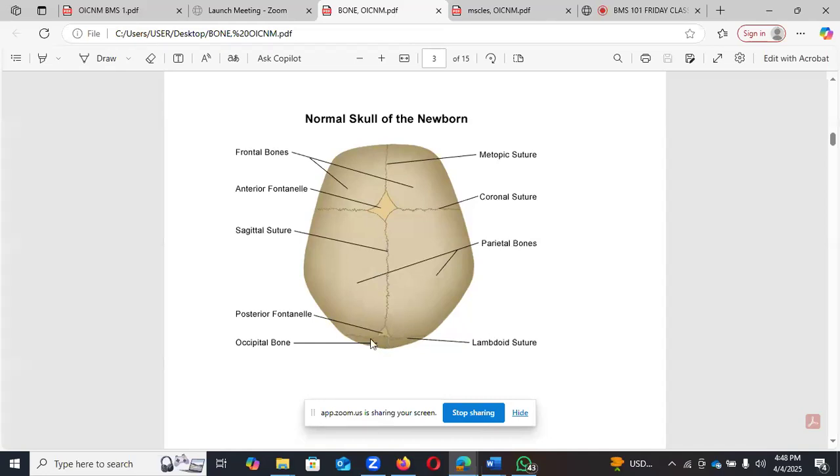The front one is the coronal suture, the back one is the lambdoid suture. This is the occipital bone, these are the two parietal bones, and these are the two frontal bones.